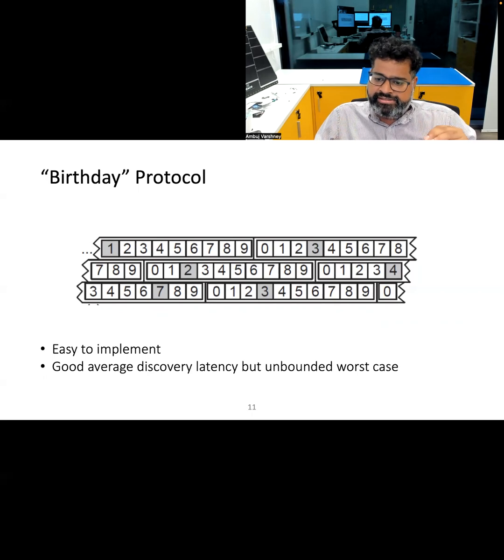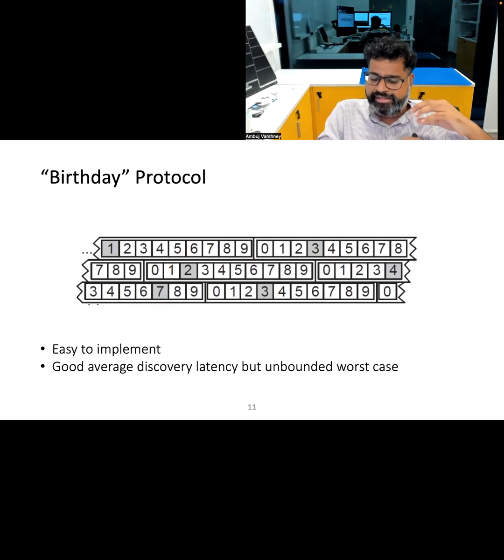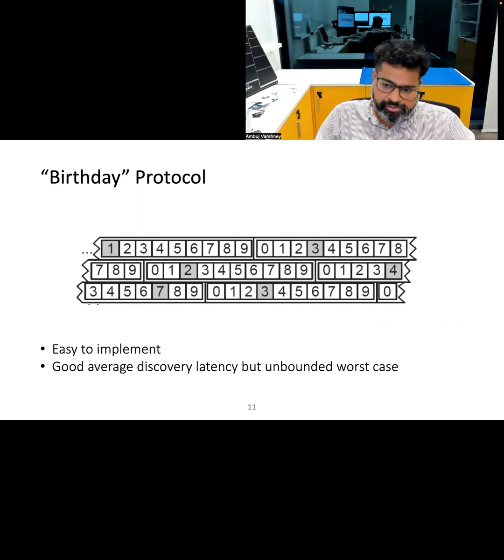Now, each device in the network randomly selects one of the available time slots for its transmission, like a person having a random birthday. During each time slot, a device either transmits a beacon signal or listens for a beacon from a neighboring device. If two or more devices select the same time slot for transmission, their signals will collide, which is something we want to avoid. But if they receive the transmission, then the neighbor discovery process happens.